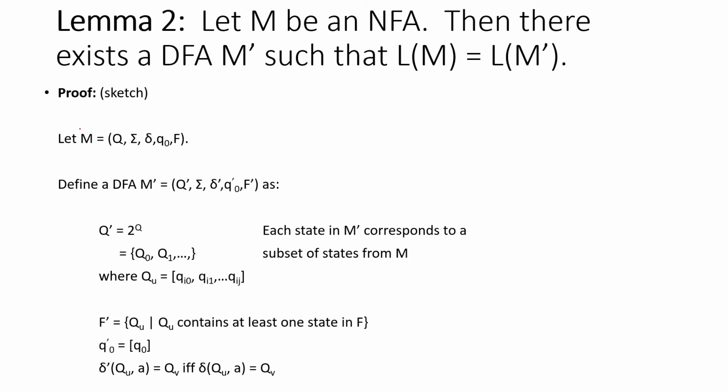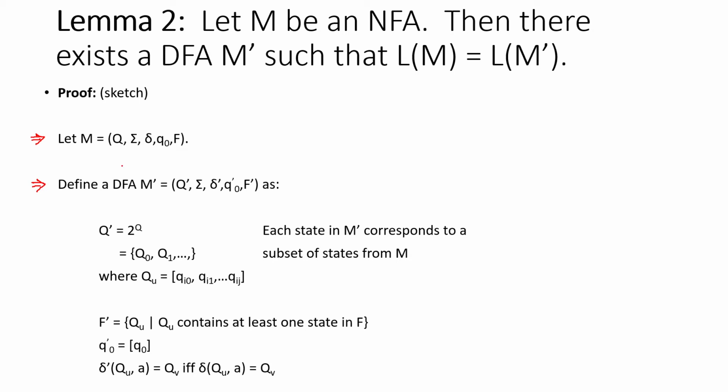Suppose we have a situation something like this. Suppose we have a machine M. This particular machine M is representing an NFA, right? And these symbols you are already habituated to, so I don't need to explain them. Now we have a definition of DFA over here.